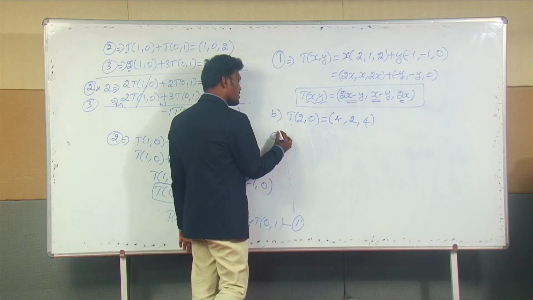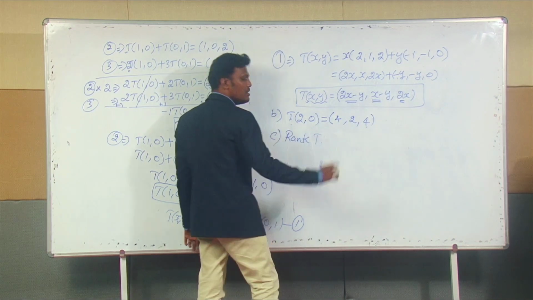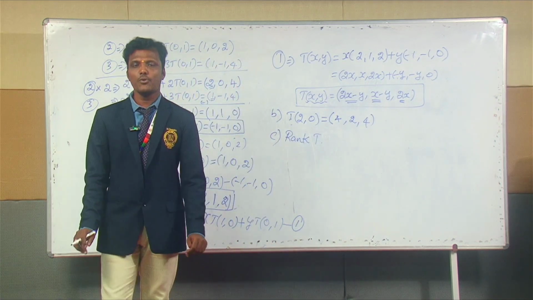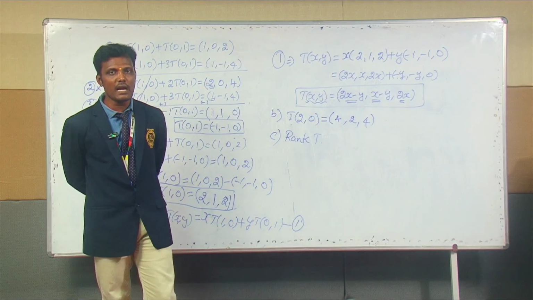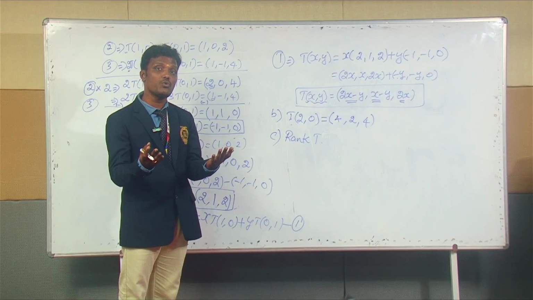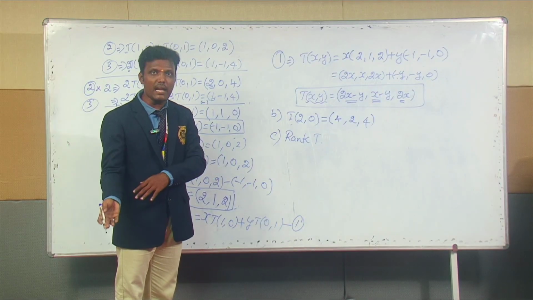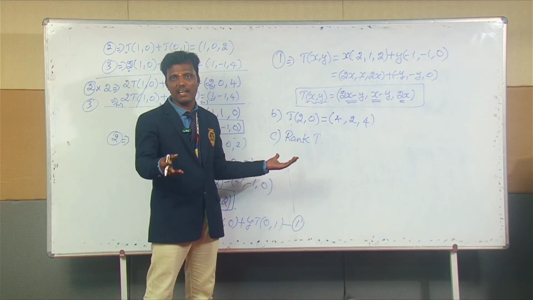The third subdivision is that we have to find the rank of T. How do we find the rank? Before entering into the rank, we have to know the dimension theorem: rank plus nullity equals dim V. We can easily find the nullity, and using the nullity you can find the rank, because we cannot directly find the rank easily.